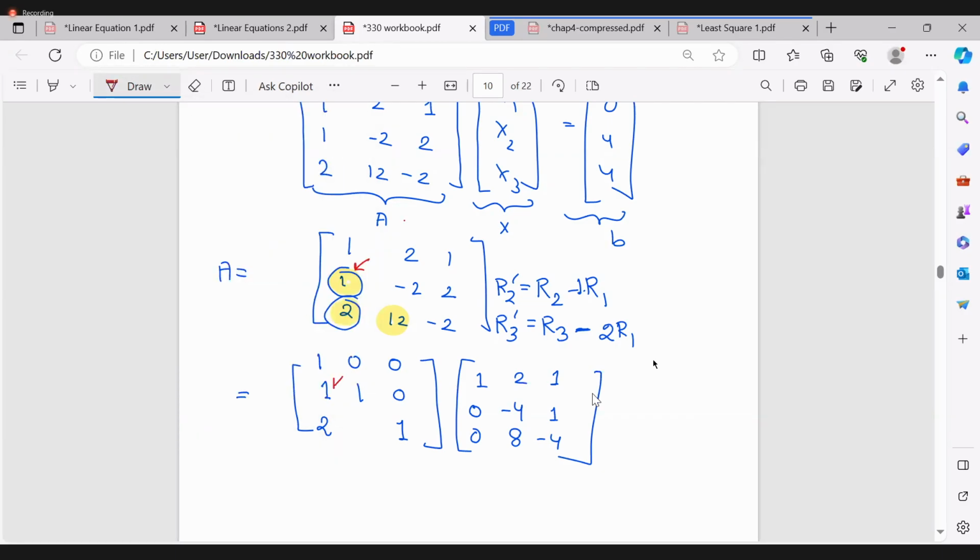So I'm writing 1 in here. And for making this value 0, I'm using coefficient 2. So I write 2 in here. Now tell me, what is the question?